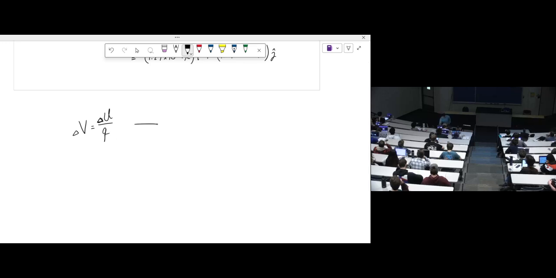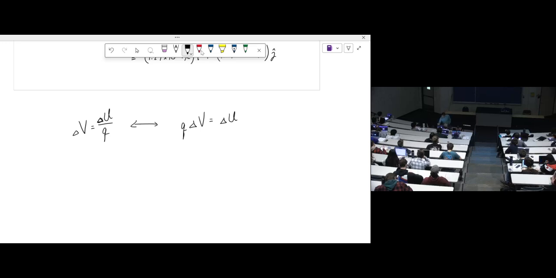And we can then say that Q times delta V is equal to delta U, right? Either one of those are the same.